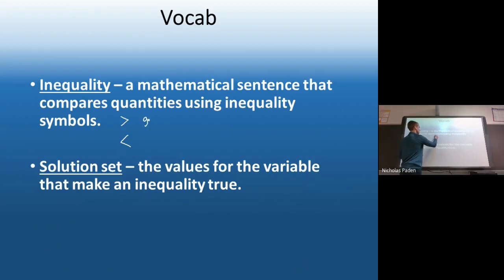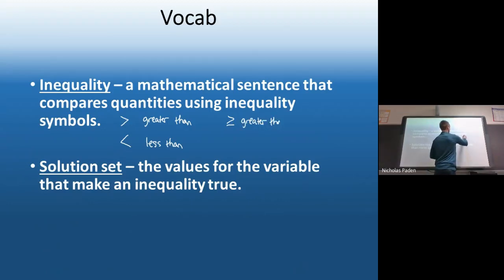So this is greater than, this is less than. And then there's also going to be greater than or equal to, and then the opposite of that would be less than or equal to.